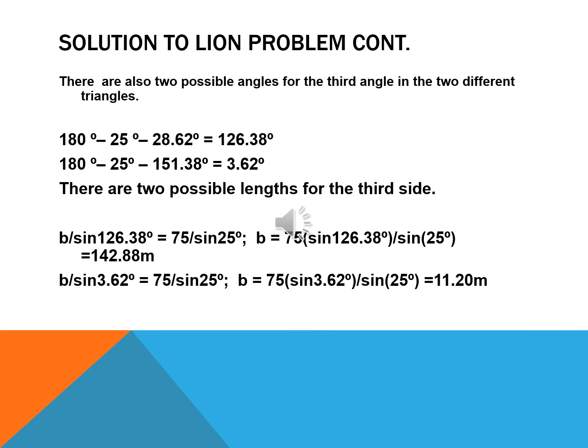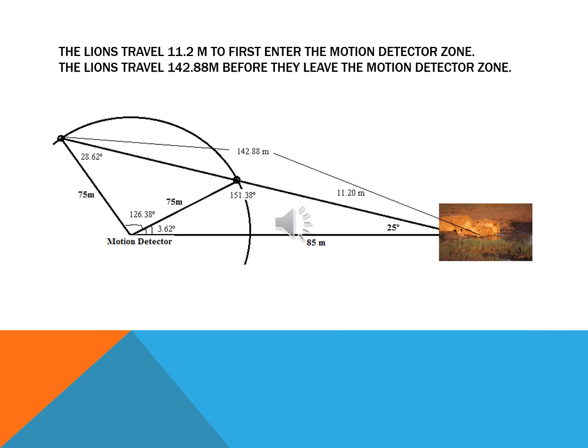Setting up the same ratio with the 3.62 degree angle, B equals 75 times sine of 3.62 degrees divided by sine of 25, and that gives me an 11.2 meter length. If you then go to the picture, we can put all of this together.